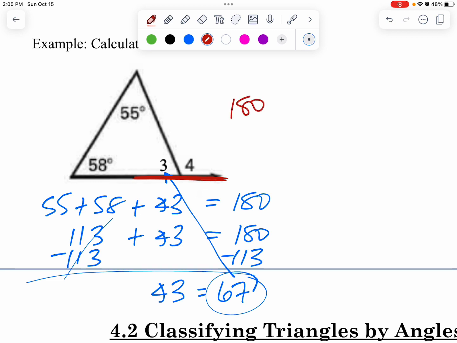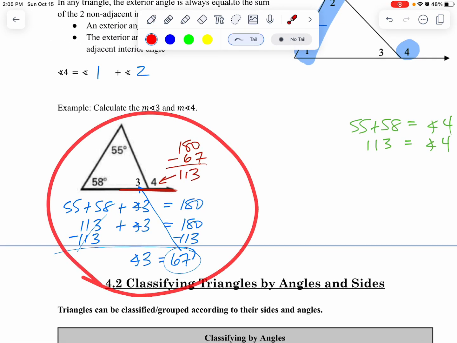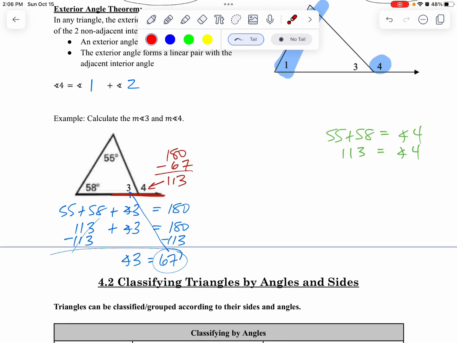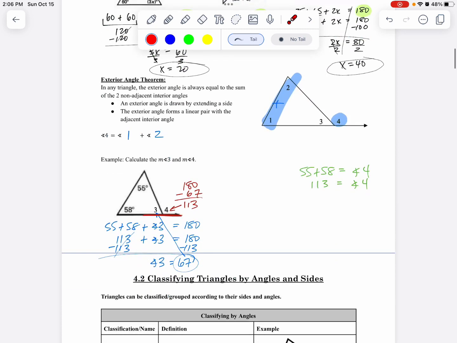So you can do 180 degrees minus 67 and get 113, and that is what angle 4 is. Okay, so this is a harder, longer way of solving the same exact problem by using what I taught you up here. Or there's this shortcut if you want to think about the exterior angle theorem. The outside angle is equal to these two added together. And that was a lot faster to still get the same exact answer.